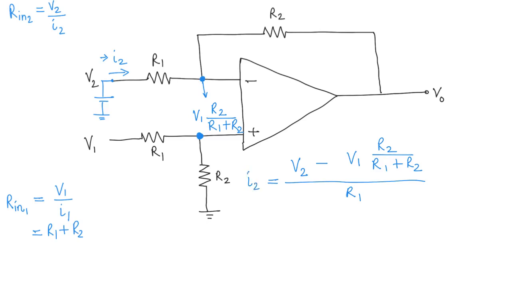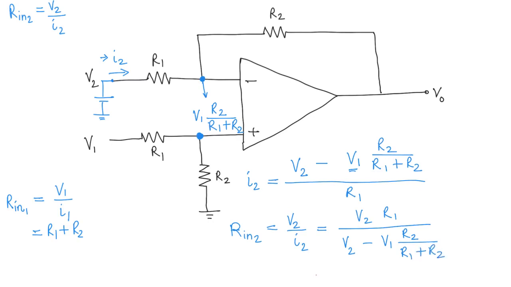Okay, and now I want to find R in 2, which is V2 over I2, and you can see that V2 over I2 is going to be dependent on V1 as well. So let me write this here. V2 and we get R1 at the numerator, and we get V2 minus V1 R2 over R1 plus R2.